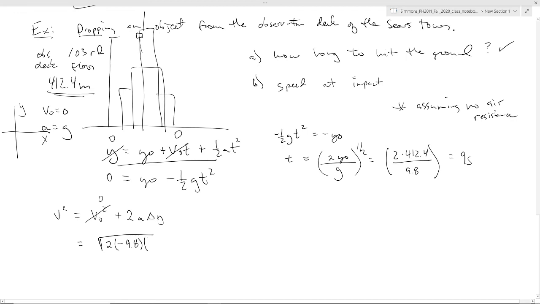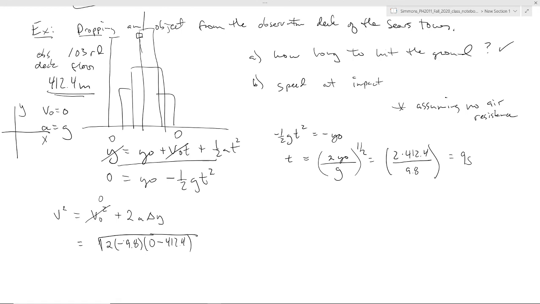Now this delta y is going to be y minus y naught, but the final y, recall, is going to be 0 minus y naught was our 412. So part of why I'm being kind of careful with these signs is, notice we have a square root here. If we were being sloppy and we ended up with a negative number, it wouldn't make sense. We would get an imaginary result.